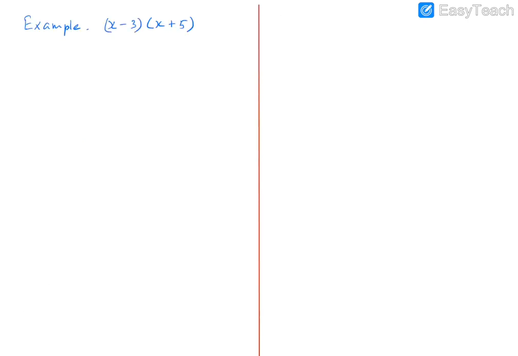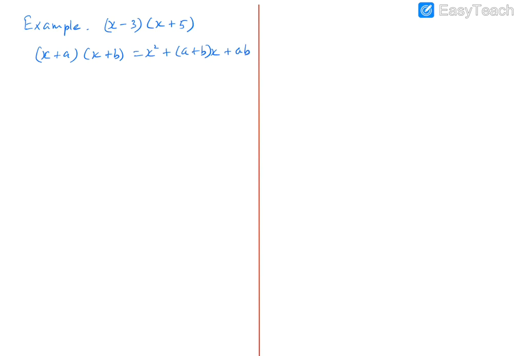We have x minus 3 into x plus 5. So this takes the form of x plus a into x plus b, which is x square plus a plus b times x plus a into b.